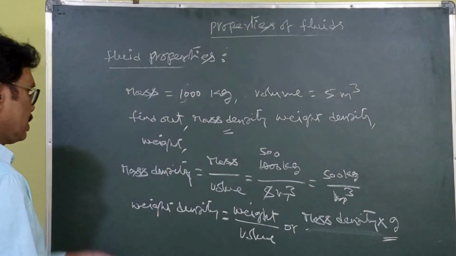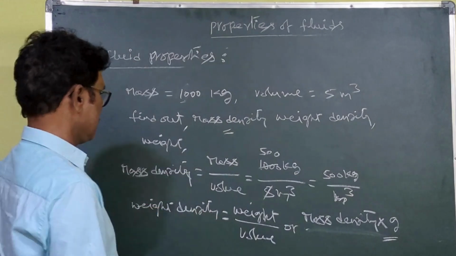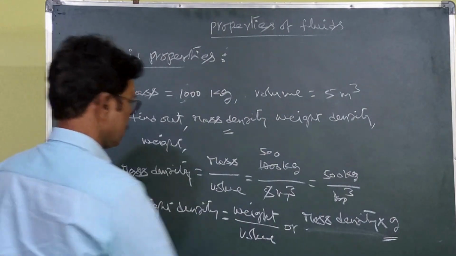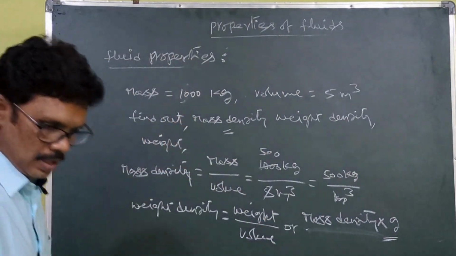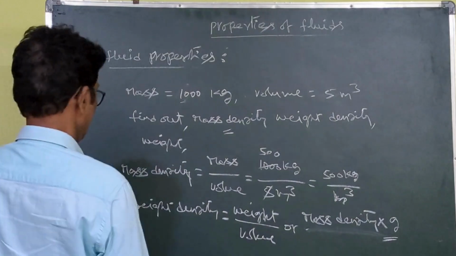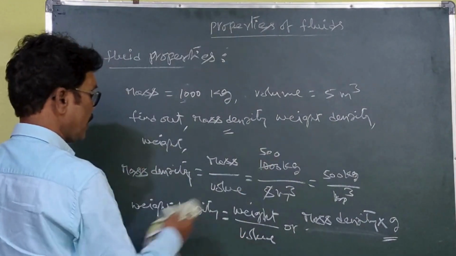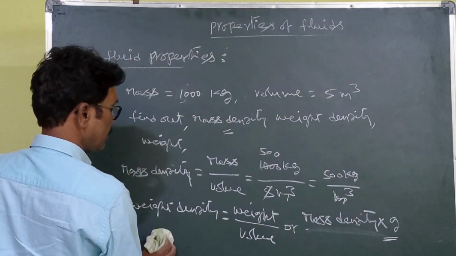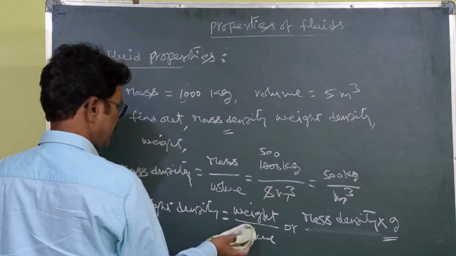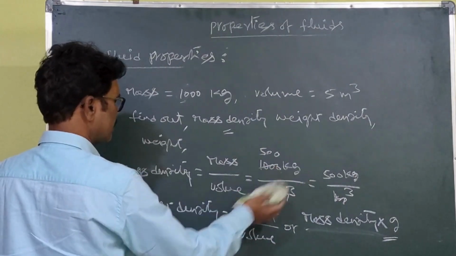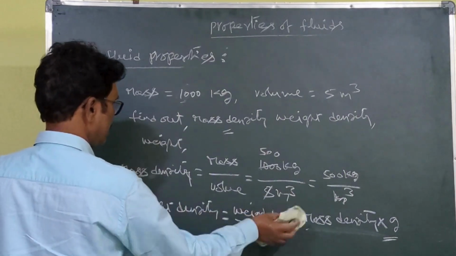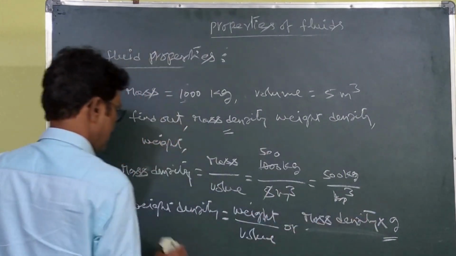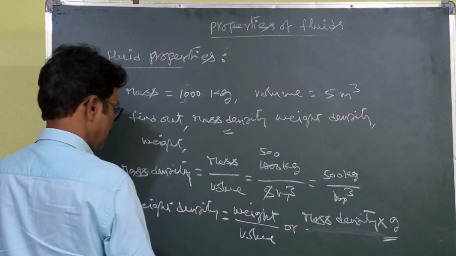Mass density into acceleration due to gravity. Am I right? Yes, right. We can calculate this one. Mass density equal to 500 kg per meter cube. So you can simply multiply it. You can find out weight density by using the mass density. I can use this equation.